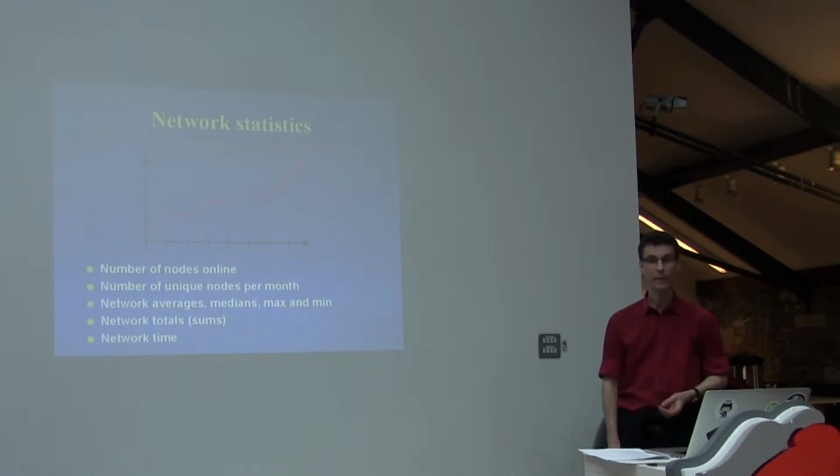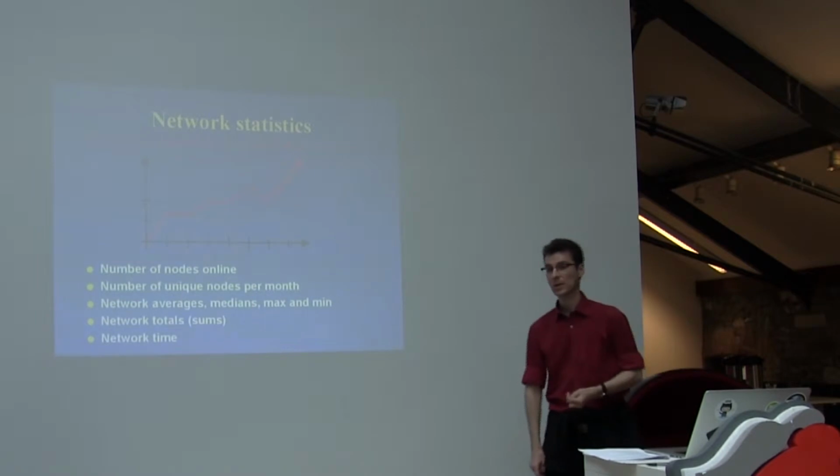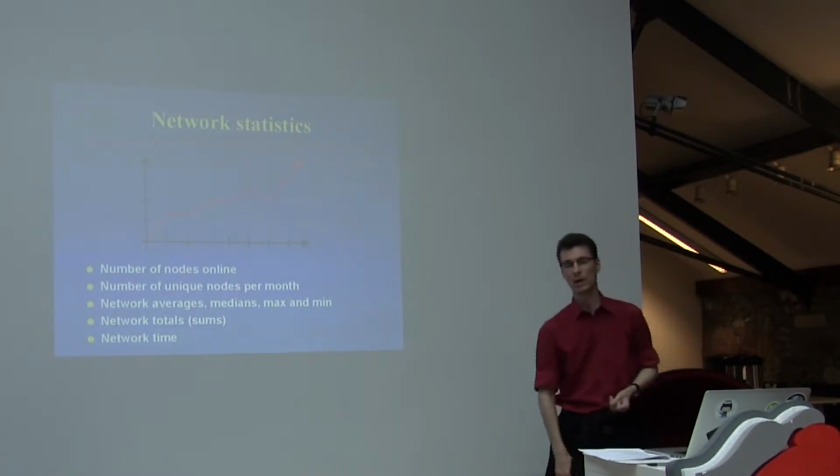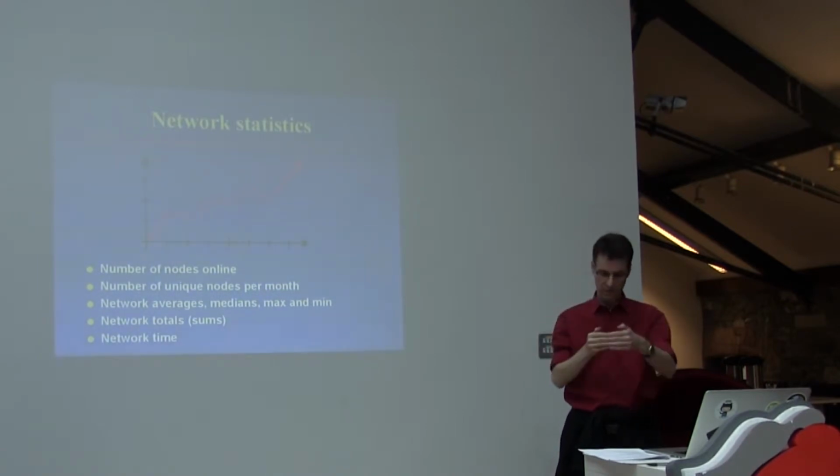So what sort of accuracy are you talking about for the number of unique nodes online? I can do it as accurately as you want, but what I'm using, let's see. I send one message a minute initially, and that message is, I think, 64 bytes. It contains 33 small values.